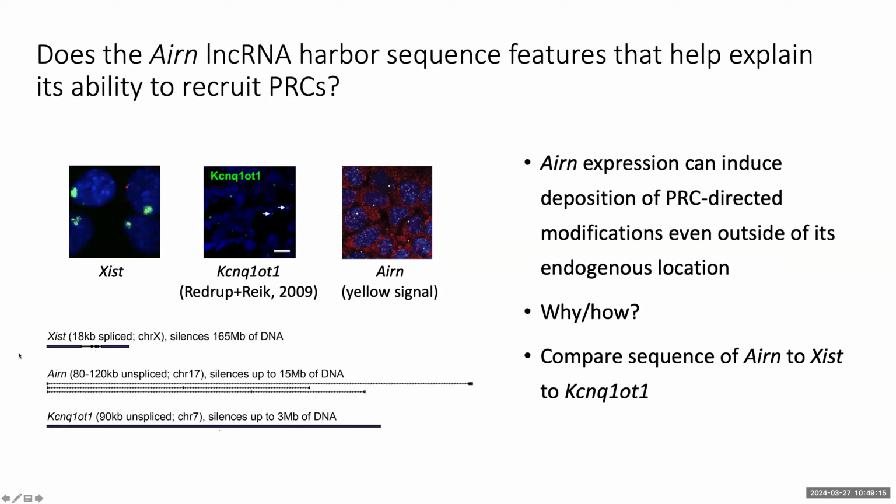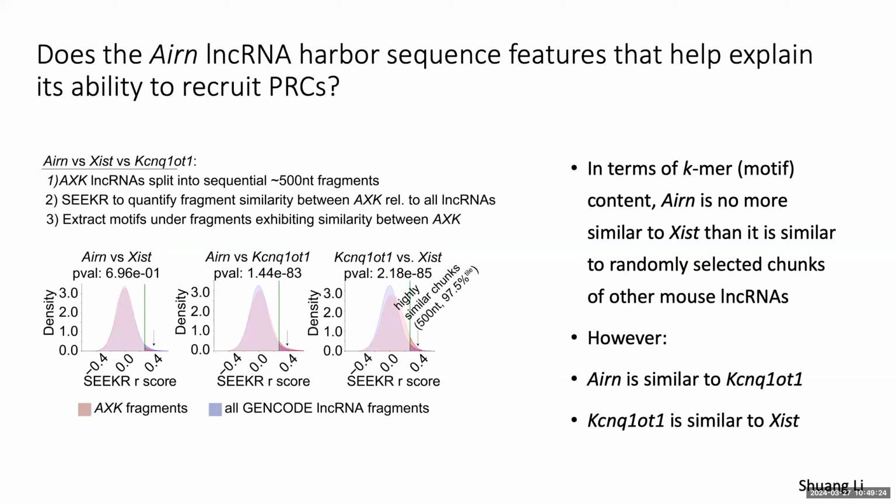If you compare them by linear sequence content, you really don't see a lot of similarity that you can make heads or tails of. And so what we did is we took essentially a motif counting approach called SEEKR and compared the internal sequence content of each of these RNAs at the level of, in this case, 4-mers, k-mers of length 4.